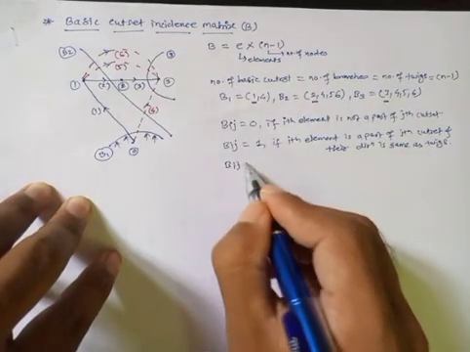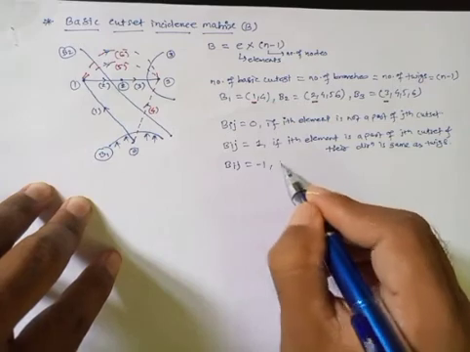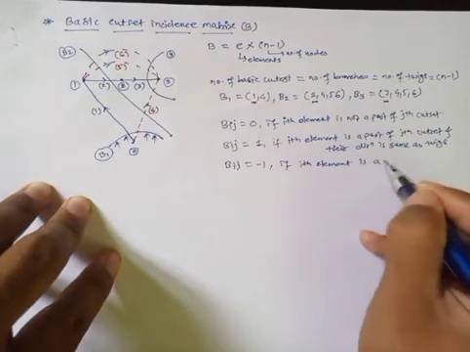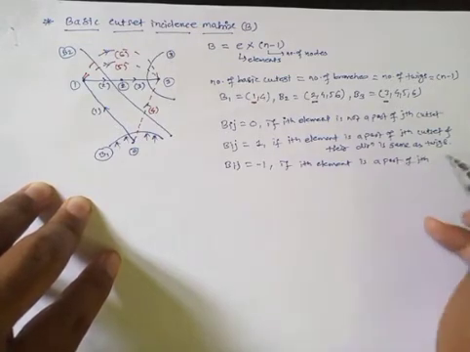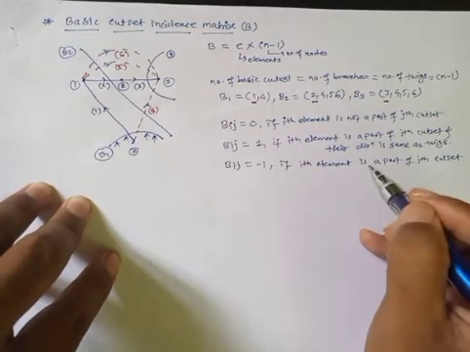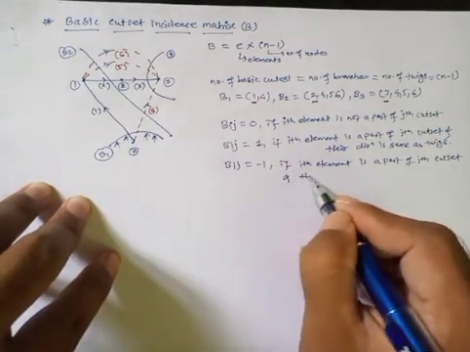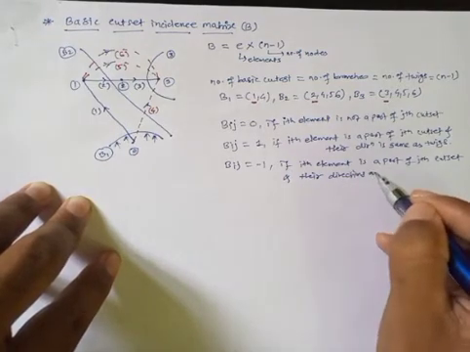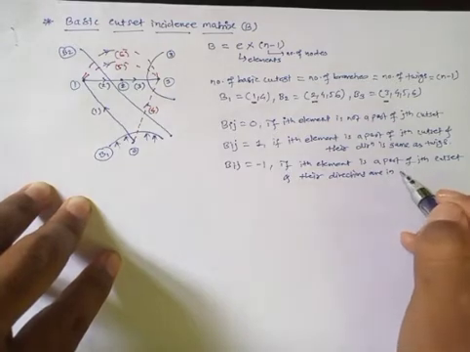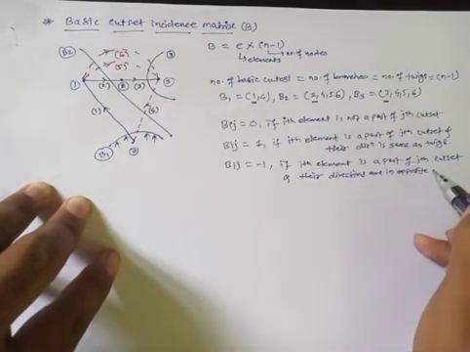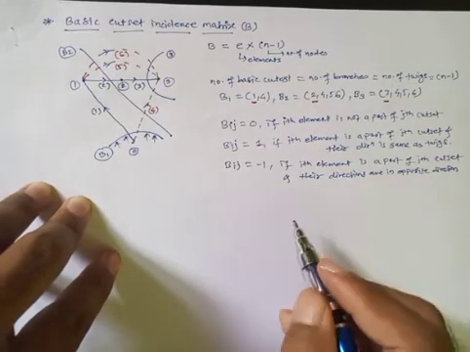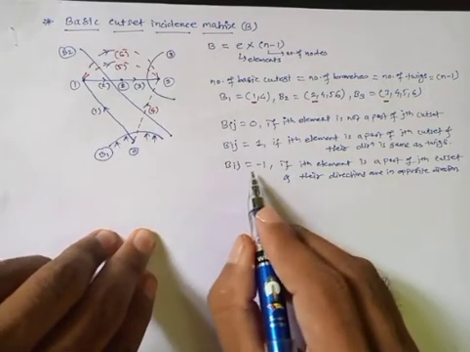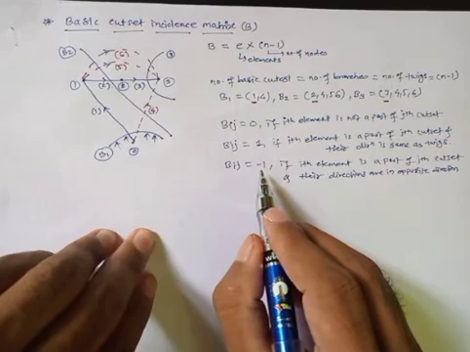And Bij is equal to minus 1 if the ith element is a part of the jth cut set and their directions are opposite, meaning the direction of the cut set is opposite to the direction of that particular element. So it will become -1.